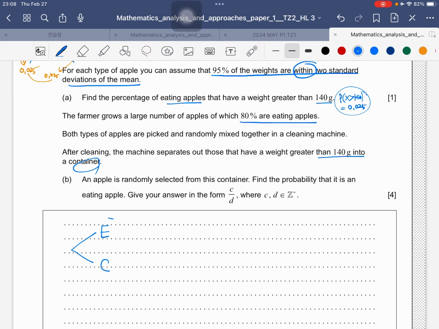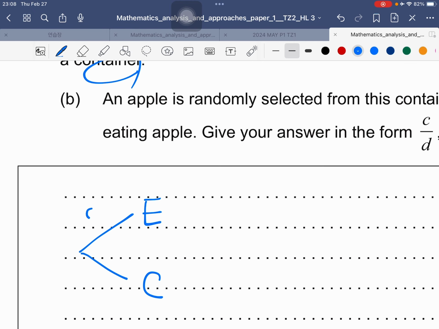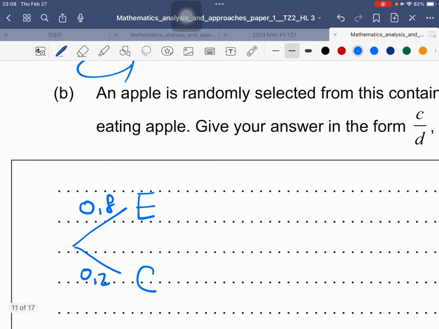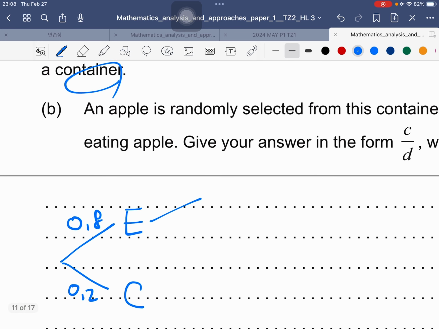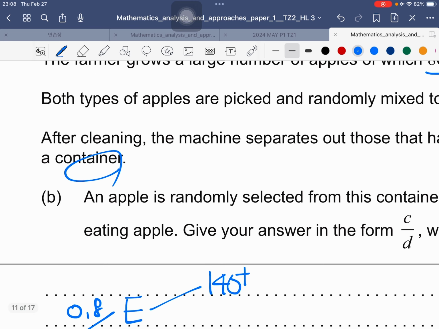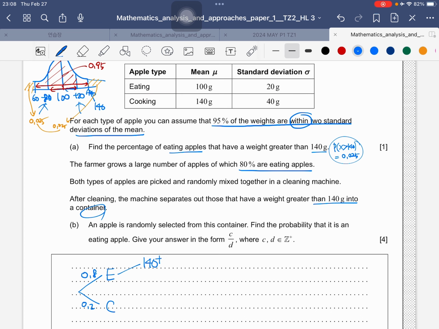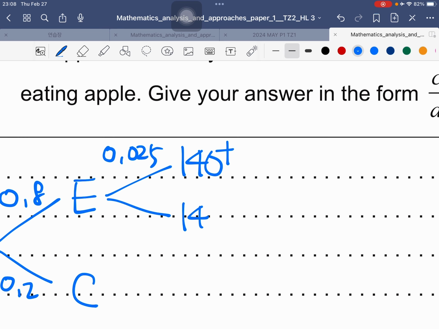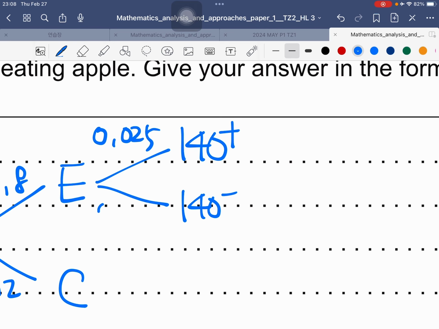Eating apple is 80%, so the probability of eating apple is 0.8, and the probability of cooking is 0.2. For eating apple, the probability that weight is greater than 140 is 0.025, which means the probability weight is less than 140 is 0.975.